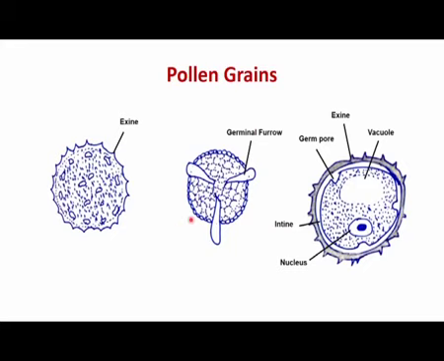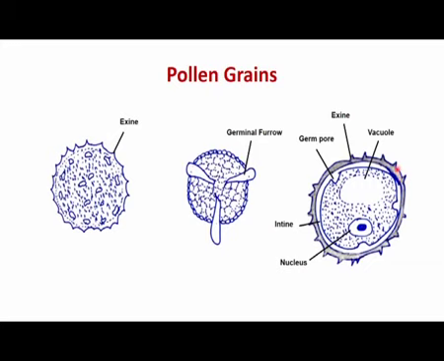It depends on the particular plant species; some species have oval or polyhedral microspores or pollen grains, but in general they are globose in shape. An individual pollen grain has two layers. It has two major cell walls.